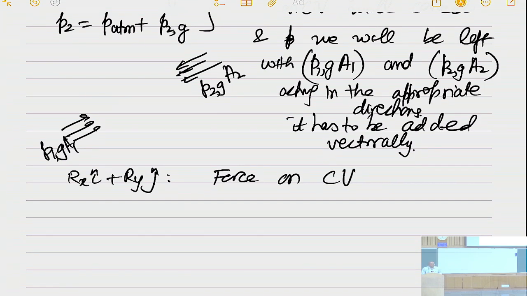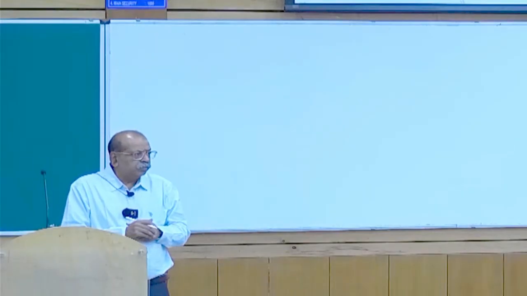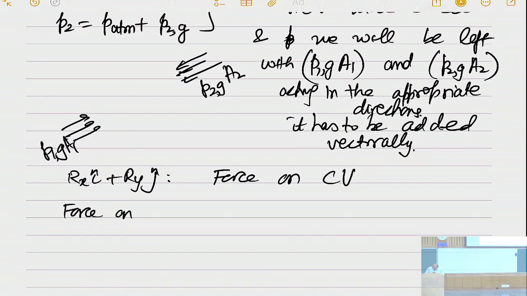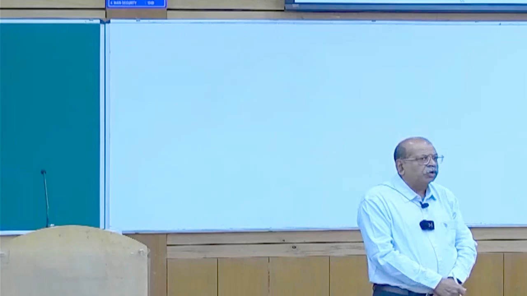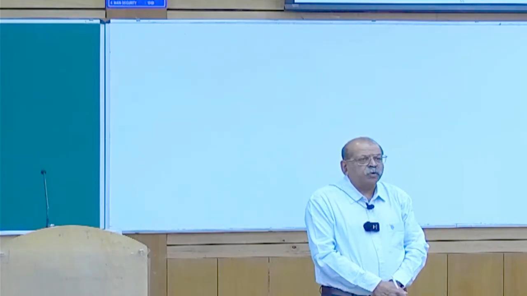Now another thing is, finally you will get from here Rx i plus Ry j. This is the force on the control volume. So what is the force being exerted on the support? If Rx i plus Ry j is the force on the control volume, what will be the force on the support?